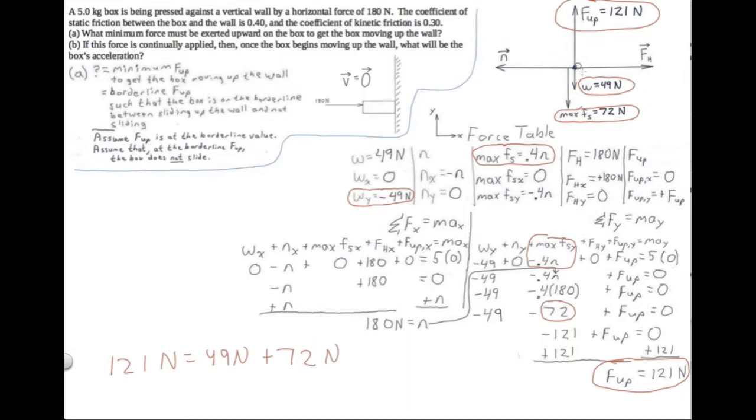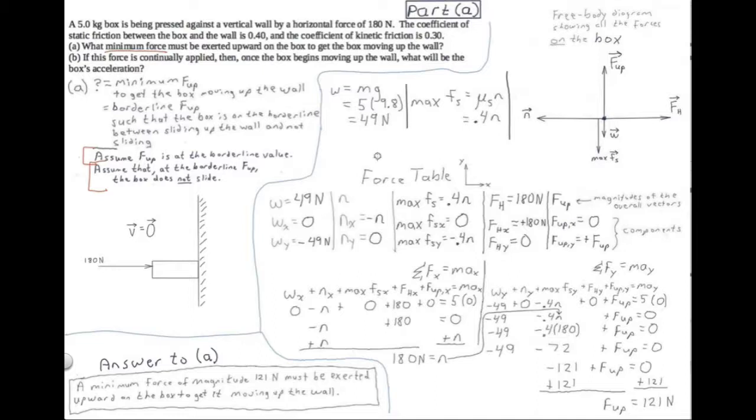So all of these magnitudes came out to be exactly what they had to be in order for the cooperation between the weight force and the maximum static friction to cancel the upward force and preserve our assumption that the box will not begin sliding in part A. So yes, the size of this result does make sense, and I tried to draw the length of this arrow equal to the sum of the lengths of this arrow and this arrow to indicate that relationship.